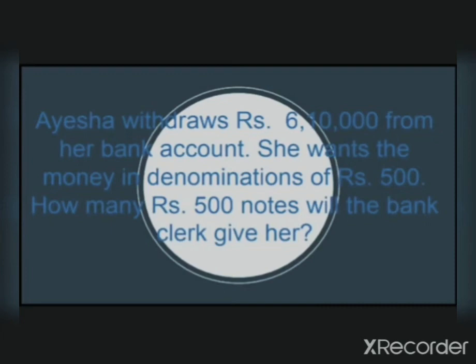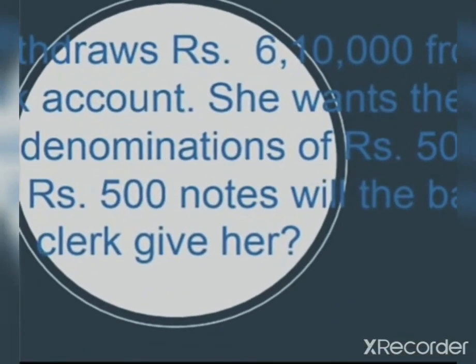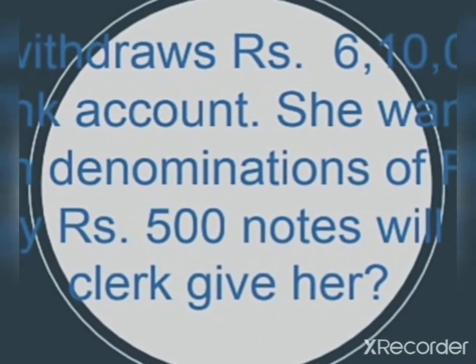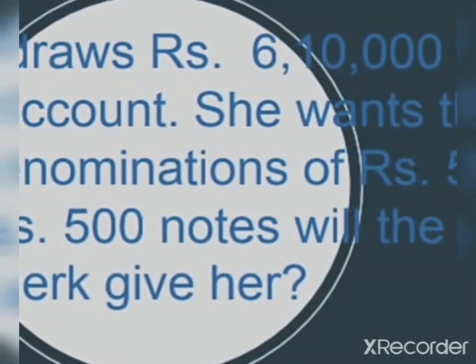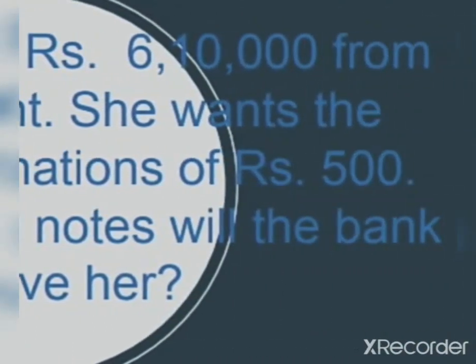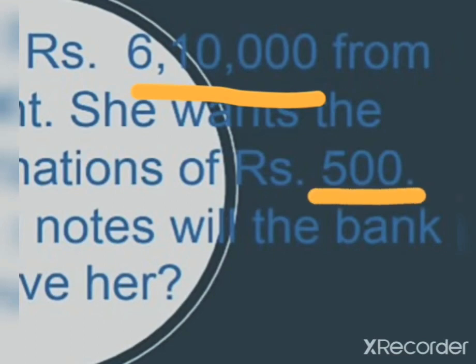Let's understand the question. The question is saying that Aisha withdraws 6,10,000 rupees from her bank account, and she wants this 6,10,000 rupees in 500 notes.